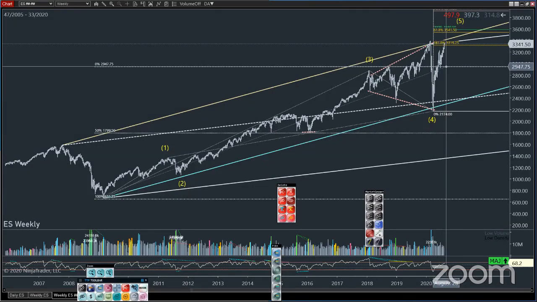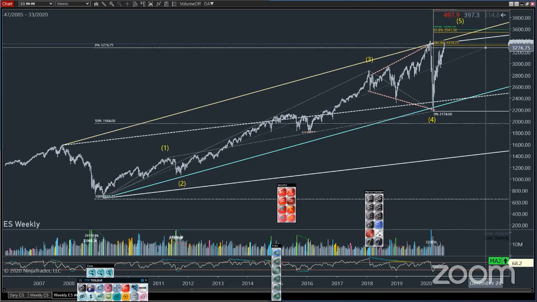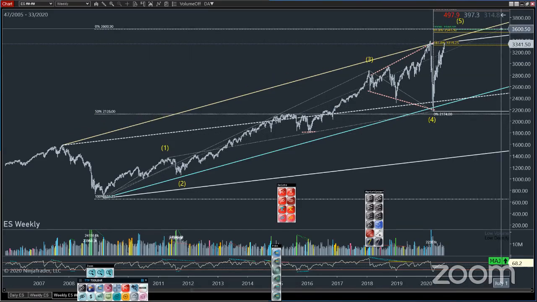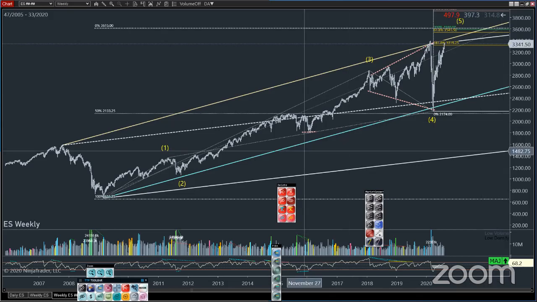Okay, let's say the high is the 50% cutoff. Right there. That lines up perfectly, doesn't it? Interesting.